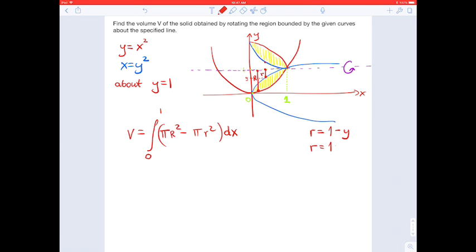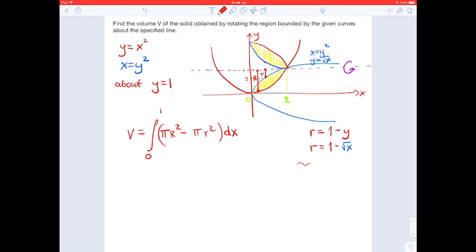However, I have to put a formula for y. That means the small r, one more time, is the distance between 1 and the blue y. The blue y was defined as x equals y squared, and I will solve for y, and I will have the square root of x. That means 1 minus square root of x.